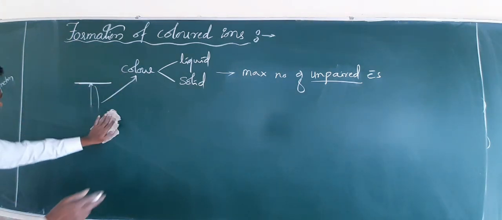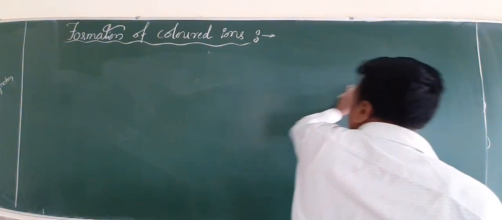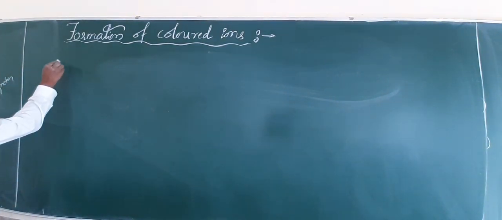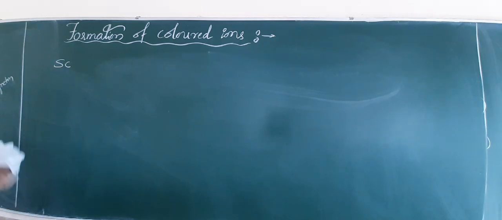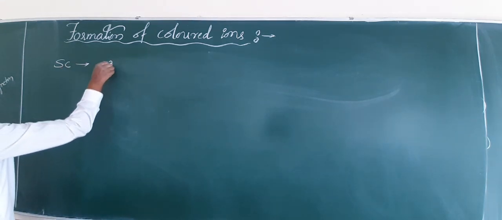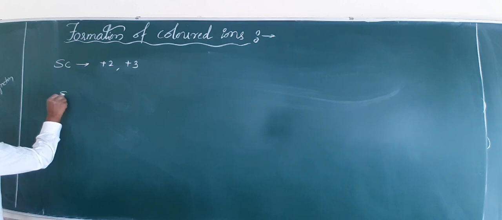Yes, I start with an example of how these transition metal ions show different colors. A very interesting example is scandium. Scandium can exist, I think all of you know, in +2 and +3 oxidation states.